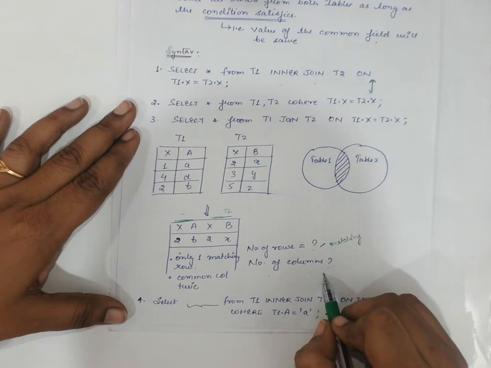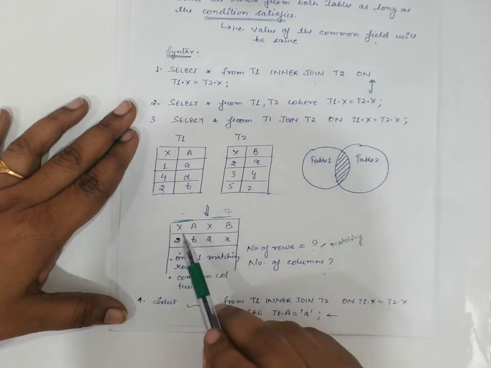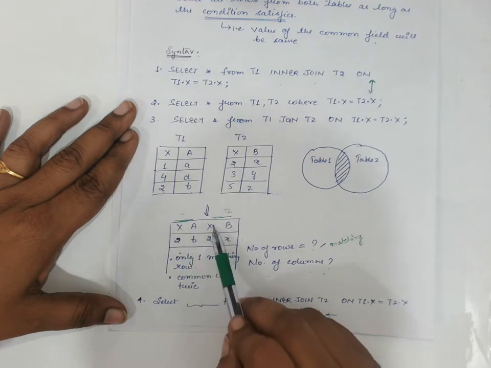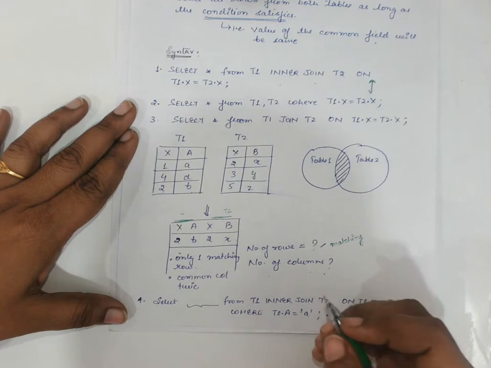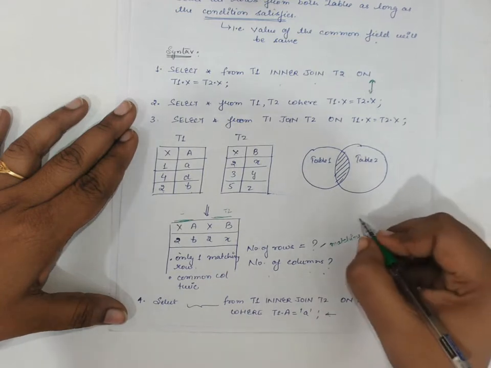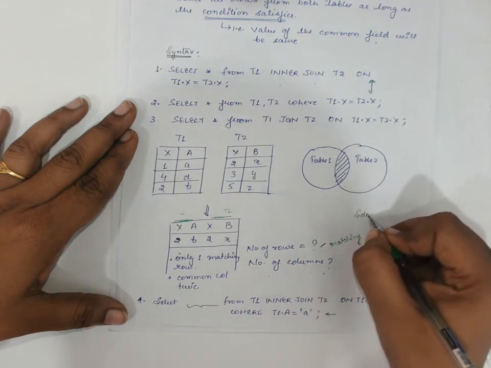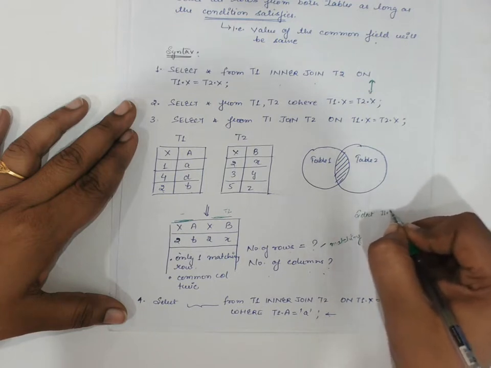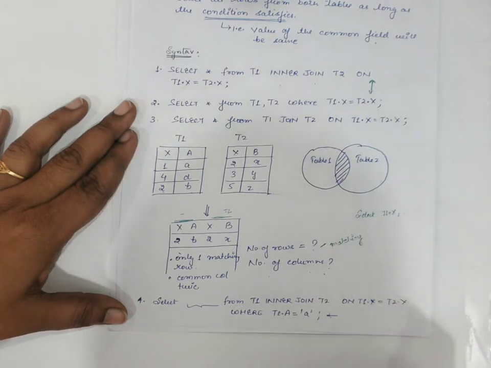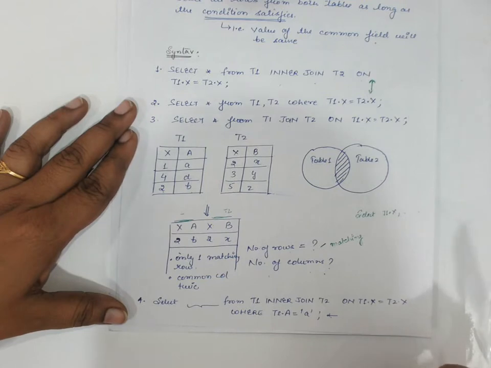If you are using star, then the matching column comes twice. And if you want to project it only once in the result set, then you have to do select table 1 dot x, comma other attributes and so on. So only a single time that particular attribute will be projected.